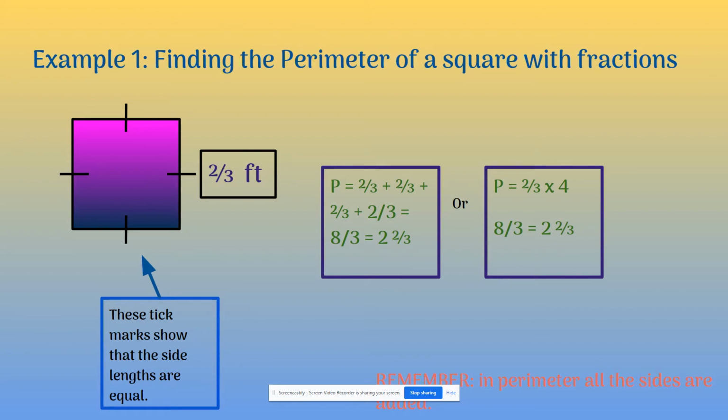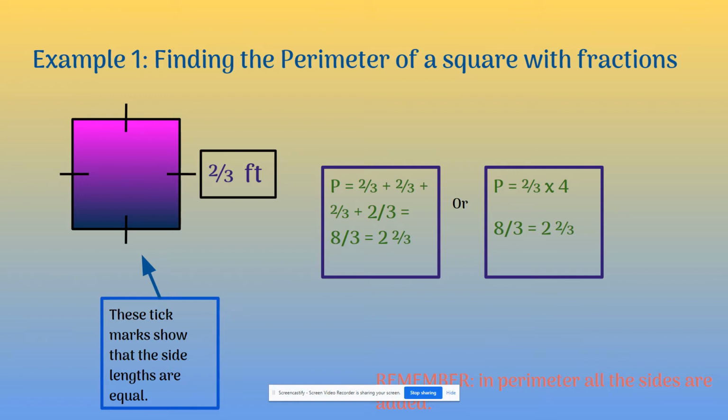Example 1 is finding the perimeter of a square with fractions. A square has 4 equal sides. These tick marks show that the side lengths are equal. For finding the perimeter, we could do the addition method or the multiplication method. The addition method is P equals 2/3 plus 2/3 plus 2/3 plus 2/3, which equals 8/3, which equals 2 and 2/3.